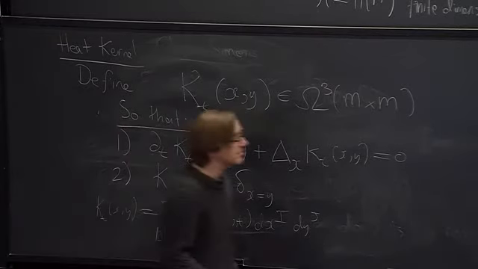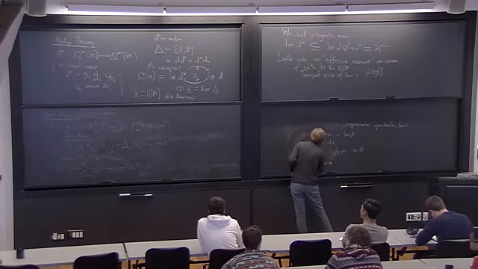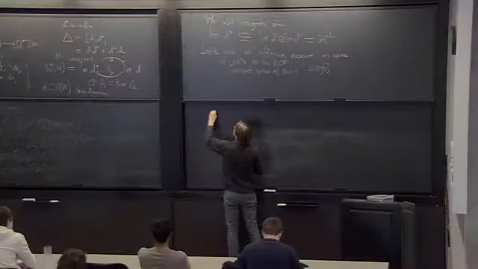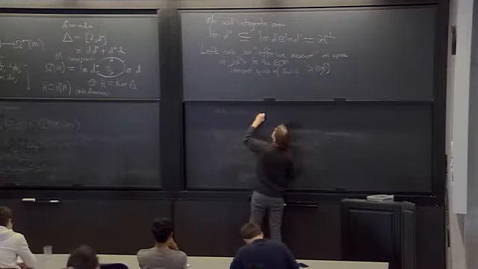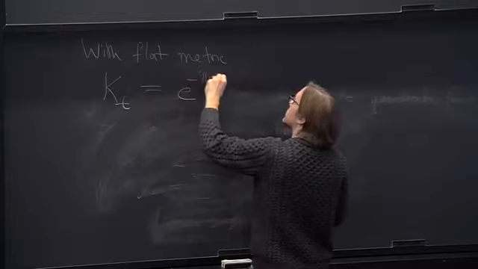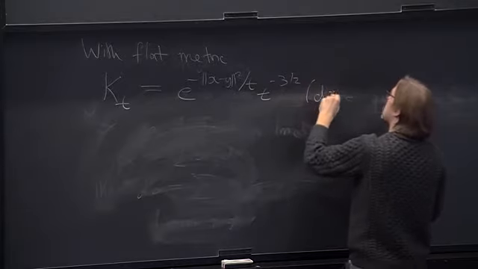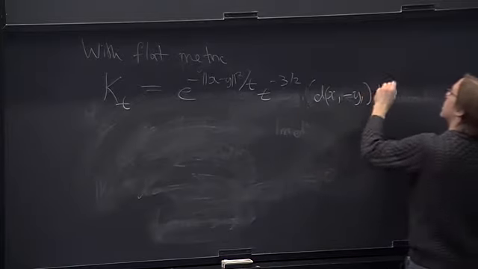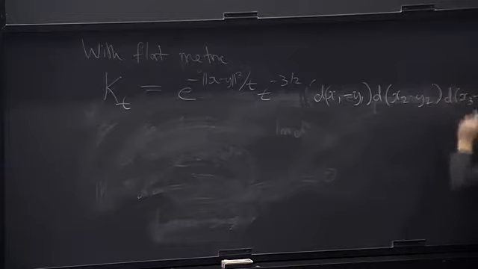If you were to work with the flat metric, it's very simple. K_t looks like t to the minus 3 over 2, times e to the minus |x minus y| squared over t, times (dx1 minus dy1), (dx2 minus dy2), (dx3 minus dy3).